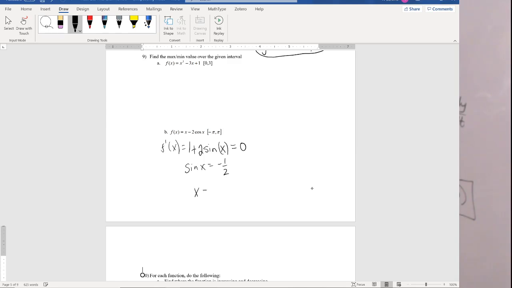So for what values of x does that occur? So we got to do the inverse sine of negative 1/2, where you can use your unit circle. And make sure we're in the right mode. So let's throw this into degree mode so it looks like something we recognize. It says negative 30 degrees. That'd be what? I guess that does work because it goes from minus pi to pi here. So that's minus pi over 6.